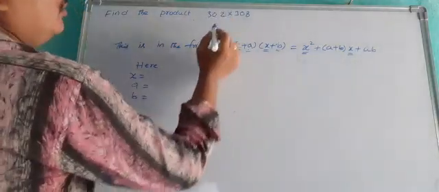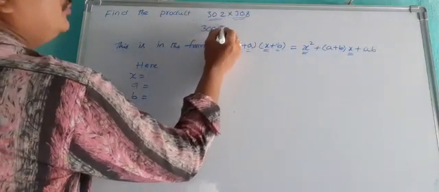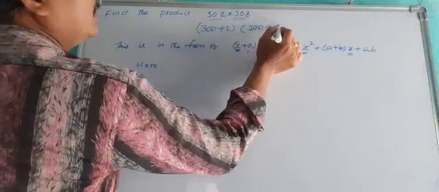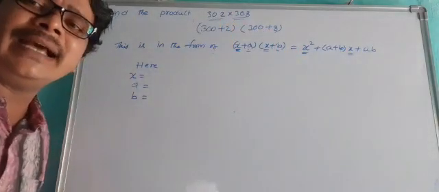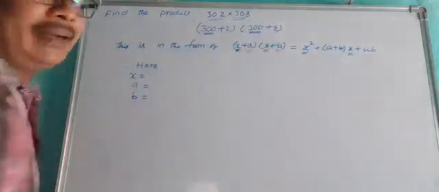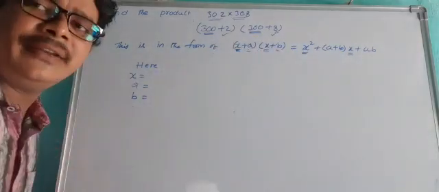Now the nearest rounded figure, that means 300 + 2 and 300 + 8. What you observe here, 308 can be expressed as 300 + 8. They are having same first term, 300, but second terms are +2 and +8. They are different.